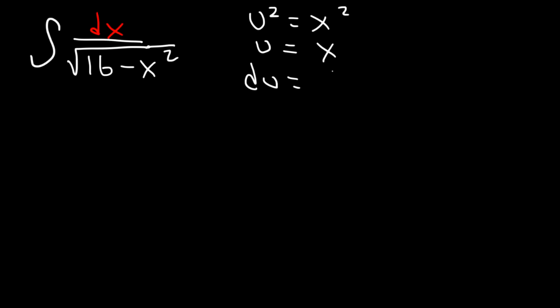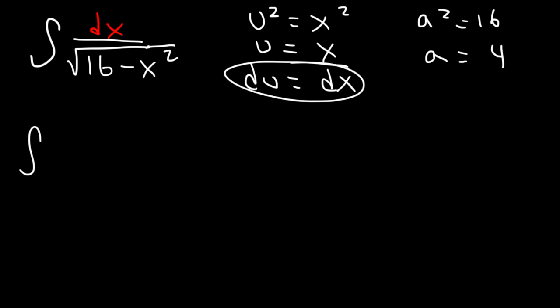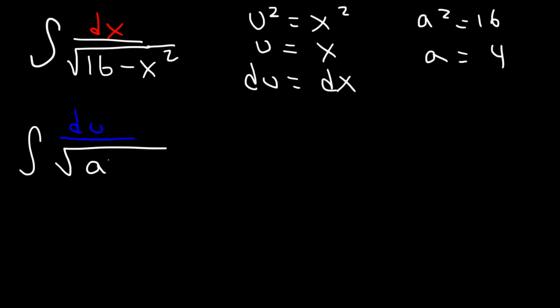And then du is equal to dx. A squared is 16, and the square root of 16 is 4, so a is 4. Now I'm going to replace dx with du since they're equal to each other, and then replace 16 with a squared and x squared with u squared.